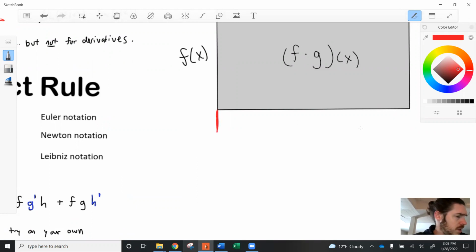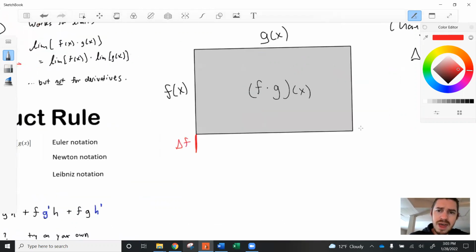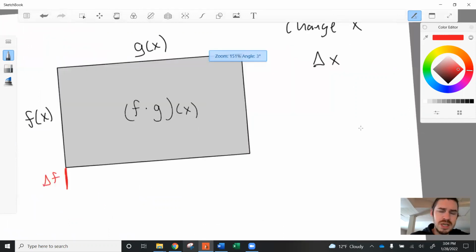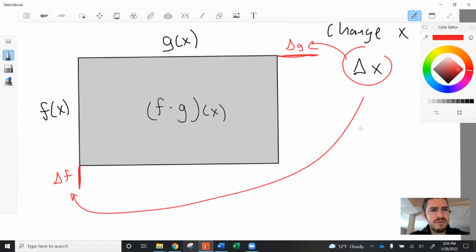So this is going to be like delta f, the change in f that results from changing x. And then we're also going to add on a little bit to g. Let's say we add on a little bit to g. That's delta g. So this change in x causes delta g, and it causes delta f.